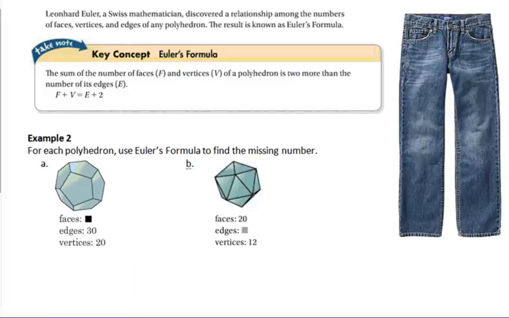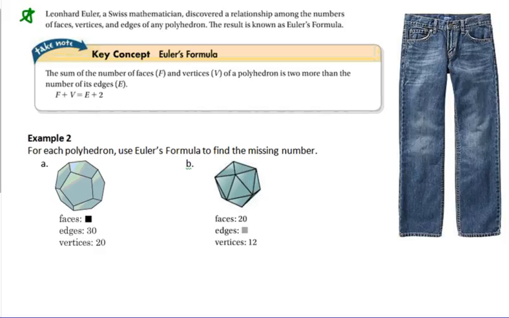Now, we have a key concept, and this is a sweet one: Euler's Formula. If we read up here, Leonhard Euler is a very famous Swiss mathematician, like Swiss cheese or Swiss Miss. He discovered a relationship among the numbers of faces, vertices, and edges of any polyhedron, and he made a formula.